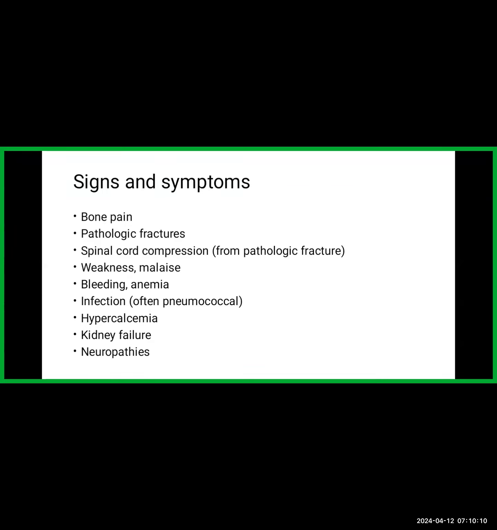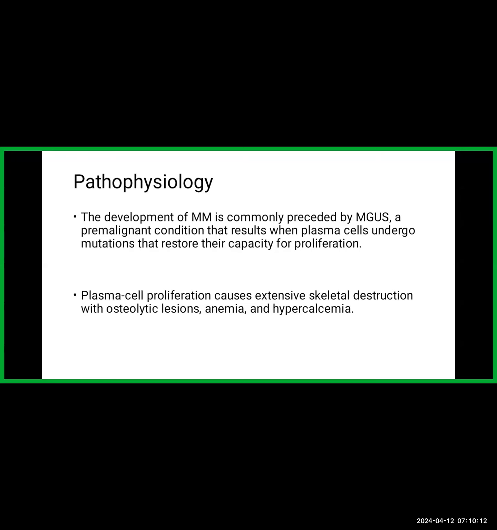The pathophysiology: the development of multiple myeloma is commonly preceded by MGUS, a pre-malignant condition that results when plasma cells undergo mutations that restore their capacity for proliferation. The plasma cell proliferation causes extensive skeletal destruction with osteolytic lesions, anemia, and hypercalcemia.